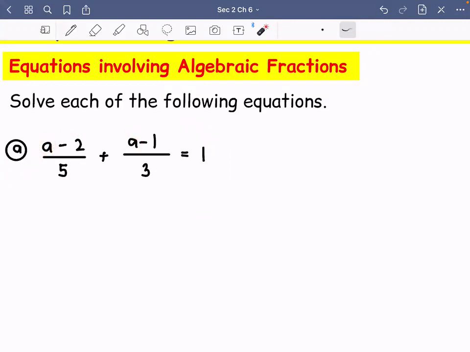Looking at the left side, we have these 2 fractions. So let's find the LCM between 5 and 3. I think everyone knows that. It's 15, right?